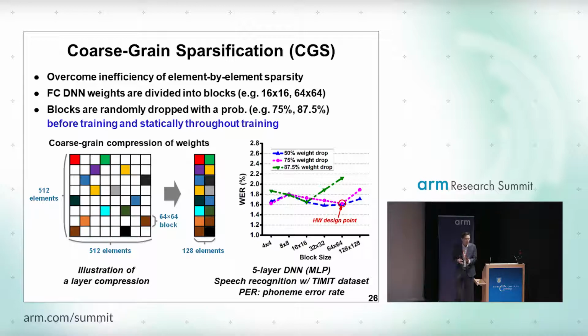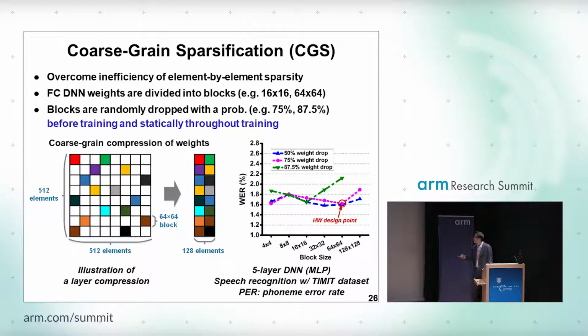One thing that differentiates this from a lot of other efforts is that we do this random dropping before training and maintain this drop statically throughout the training. If that can happen with high accuracy for the task we want to do, then after the training is done, compressing that onto a compressed matrix with minimal index becomes straightforward.